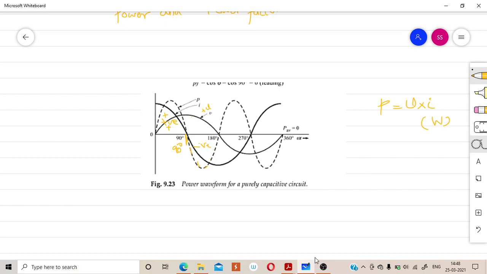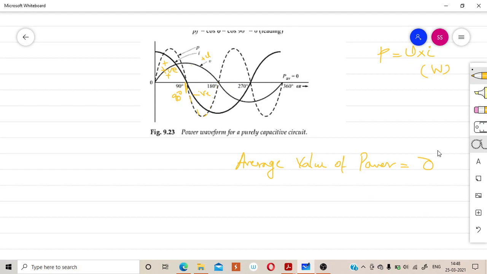So if you compute the average value of power, then you will get 0. So active power or average power or real power is 0 in the case of a pure capacitive circuit.